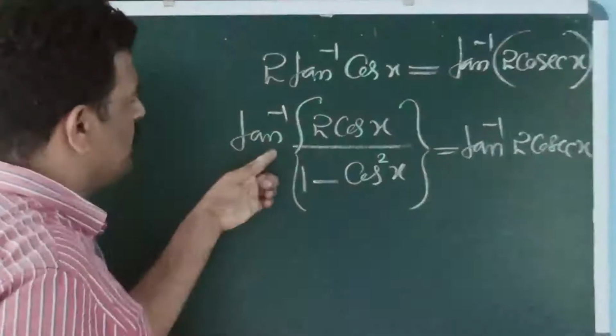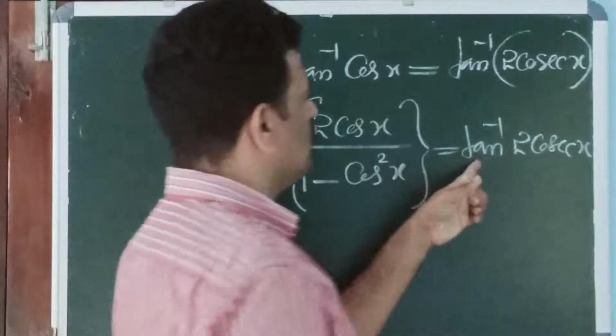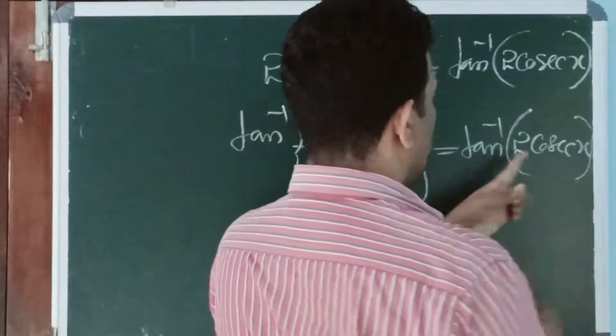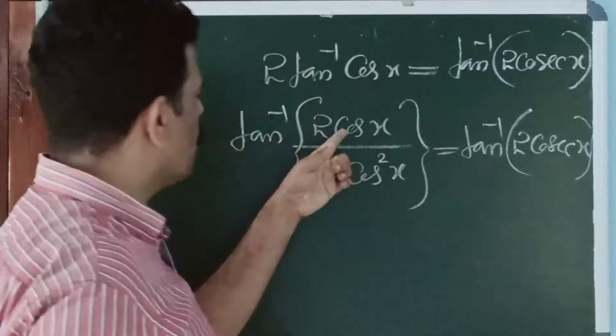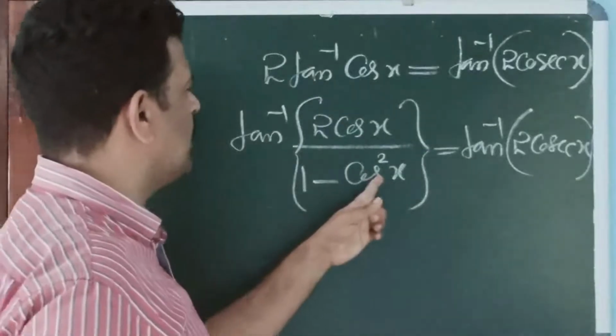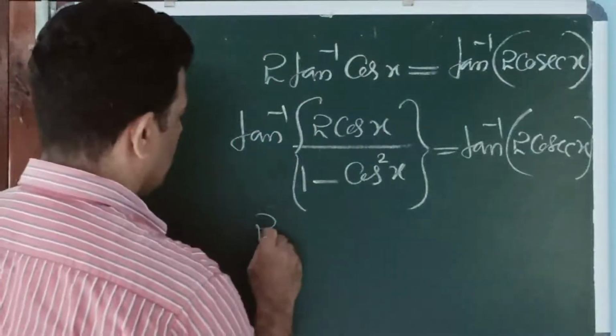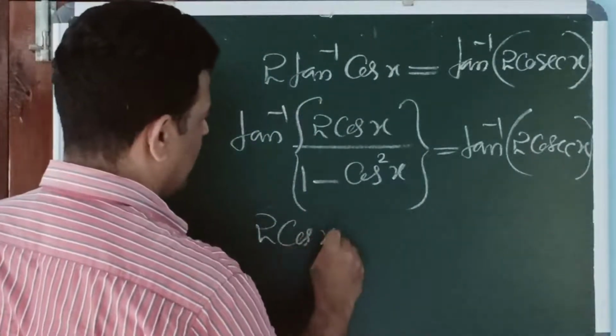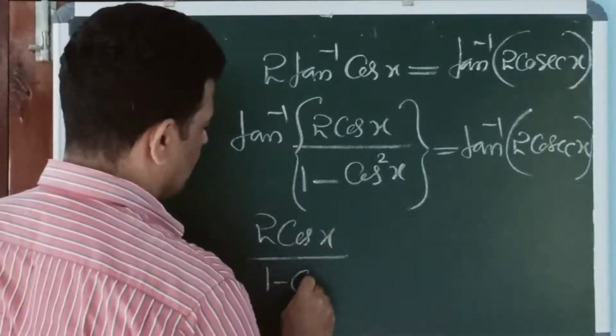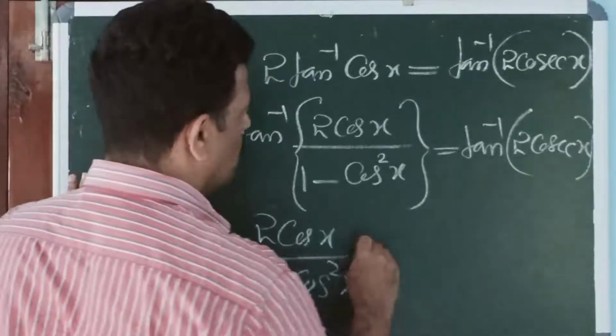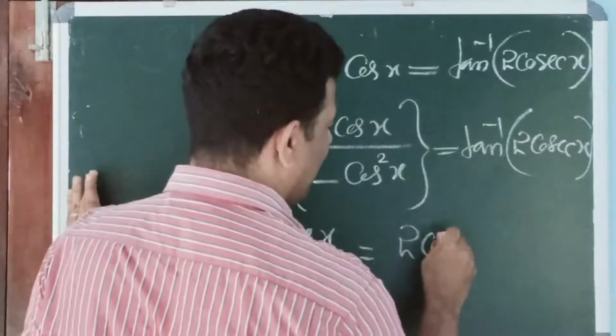Tan inverse of this value is equal to tan inverse of this value, which implies 2 cos x by 1 minus cos square x is equal to 2 cosecant x.